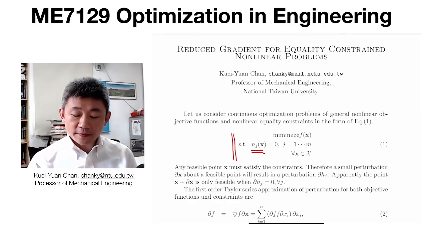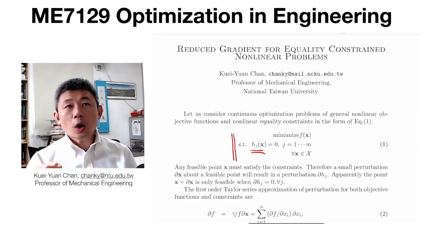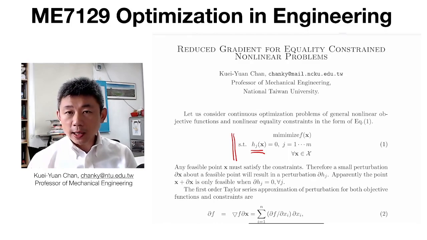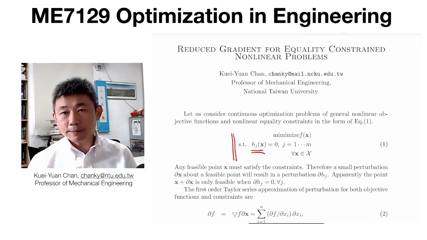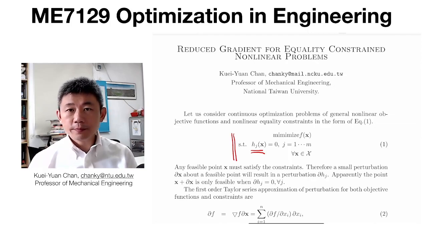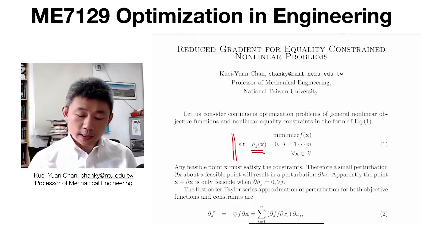But here we have an assumption. All active inequalities are treated as equalities, and the inactive inequalities are not as important, so we get rid of them. As a result, all relevant constraints become equalities.